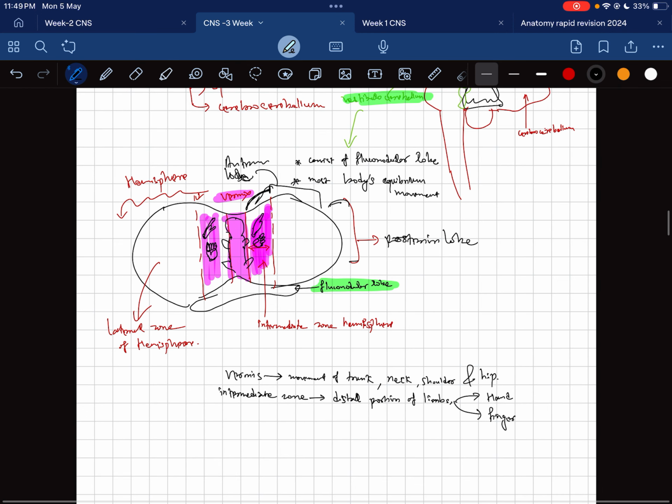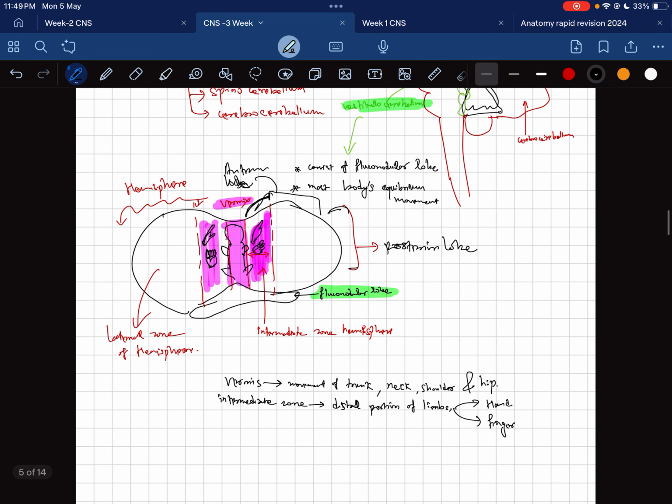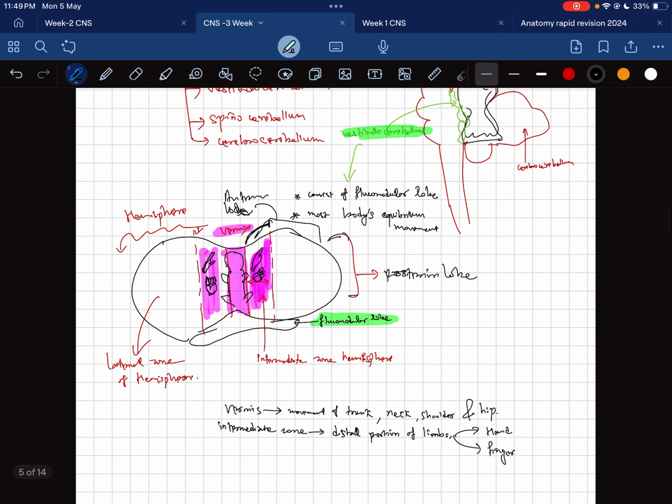Now moving on, the vermis and intermediate zone. So I am highlighting this intermediate hemisphere. Now there is the cerebrocerebellum. This is the cerebrocerebellum. It consists mainly of the lateral zone of the hemisphere.